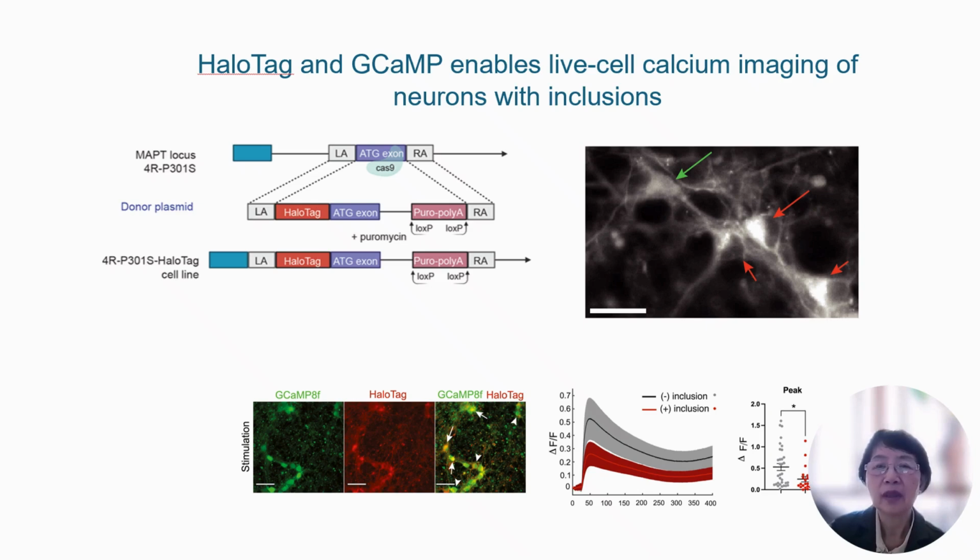As shown here, the red arrows indicate neurons with visible tau inclusions, while the green arrow indicates a resilient neuron. When we measured the spontaneous activity of 4R P301S HaloTag neurons expressing a calcium sensor, we observed that neurons with inclusions show a significant reduction in calcium transient spike amplitude compared to neurons lacking inclusions.